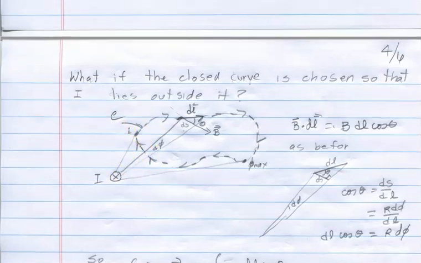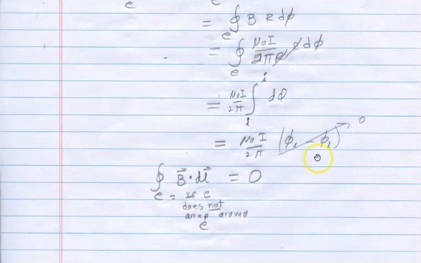So this integral, when it's outside, goes from the starting point, out, and back to the same point, and that just gives me the angle phi at the end minus the angle phi where I started, and phi minus phi is 0. And so if it's outside, the circulation, the integral of B dot dl, is 0 if C does not wrap around the wire.